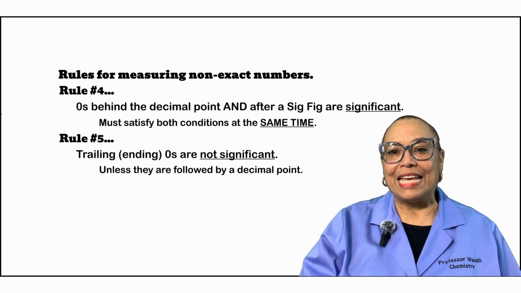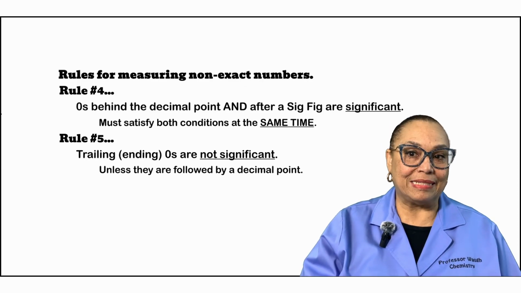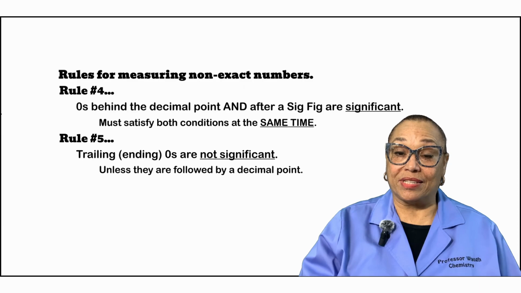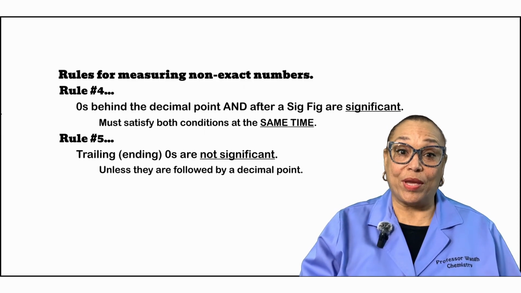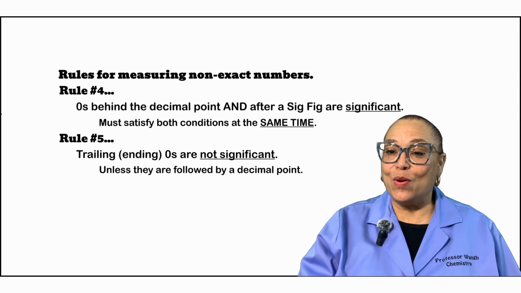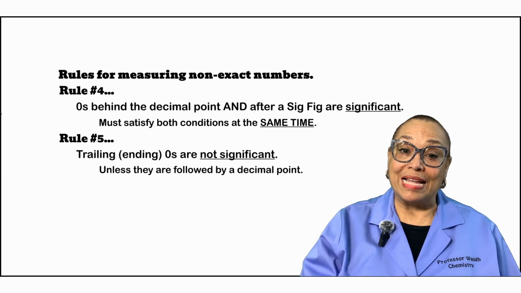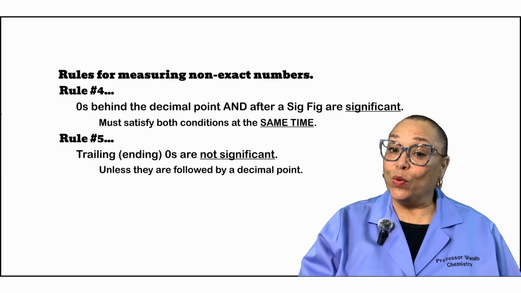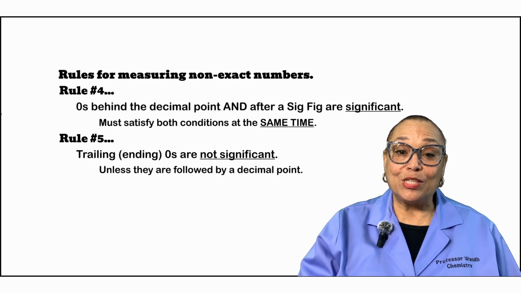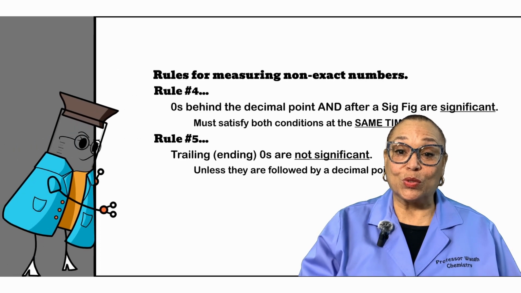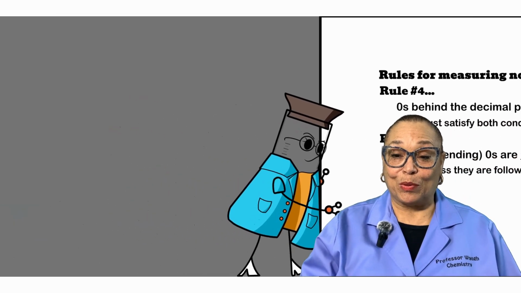It states that any trailing or ending zeros are not significant unless there is a decimal point at the end. Okay, now with this and the last video, you have all the rules for non-exact numbers, but we're not done yet. In the next video, we're going to go over the sig fig rules for exact numbers.